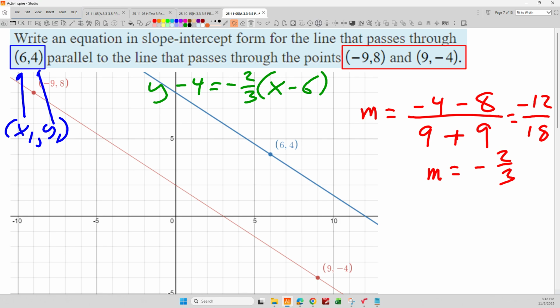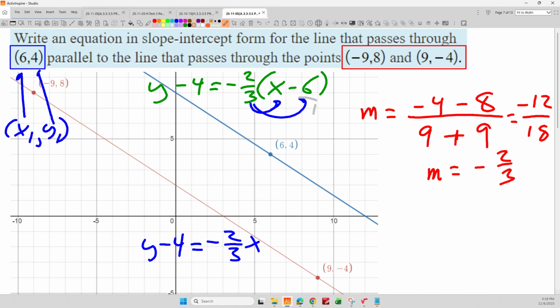And then all I'd have to do is just distribute the slope. So I get what? Y minus 4 equals -2/3 times x. And what's -2/3 times -6? It's going to be, yeah, everybody get that? Because if I multiply straight across, that's the same thing as 6 over 1.